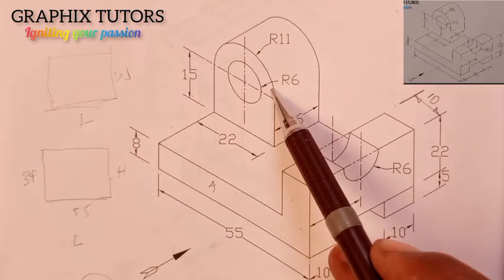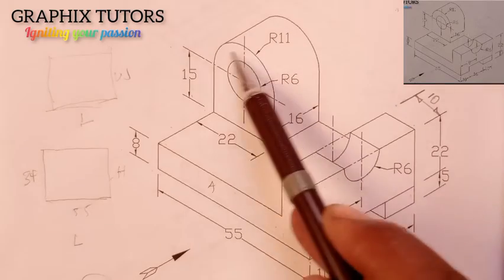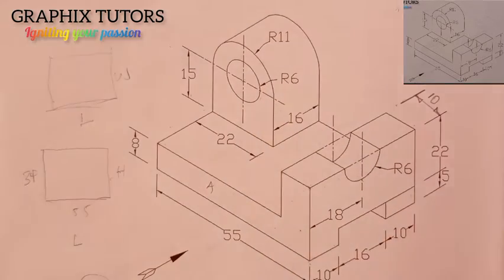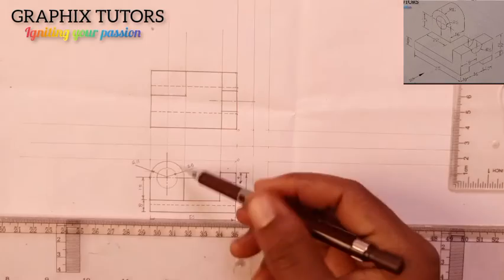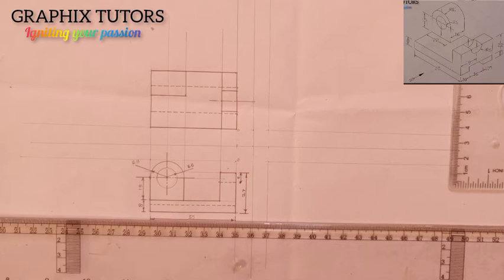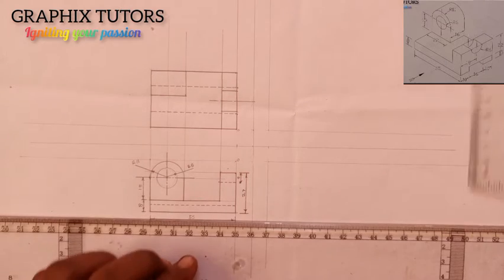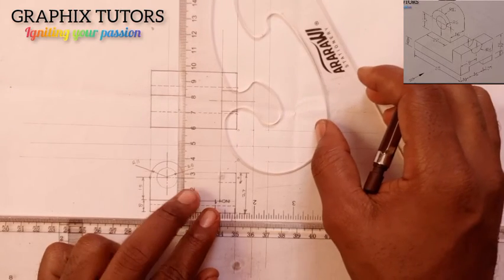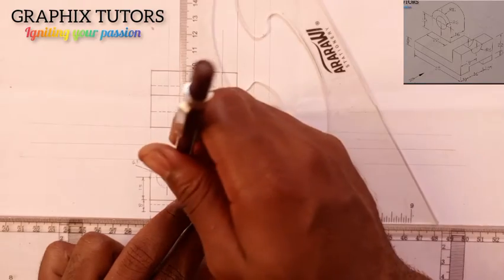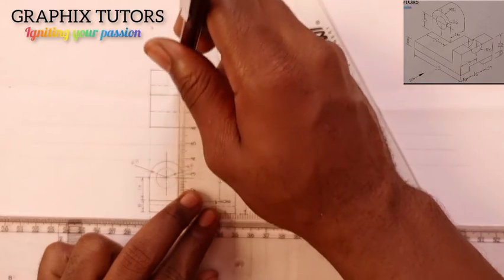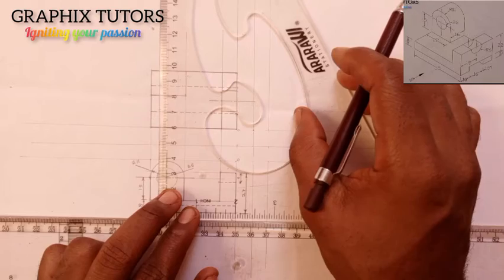The good news is, in the elevation, the circle is there, so I'll just project it. This circle is this circle here, right? So I'll just project it to the next point here. I'll project it upward, and I'll project this also upward.